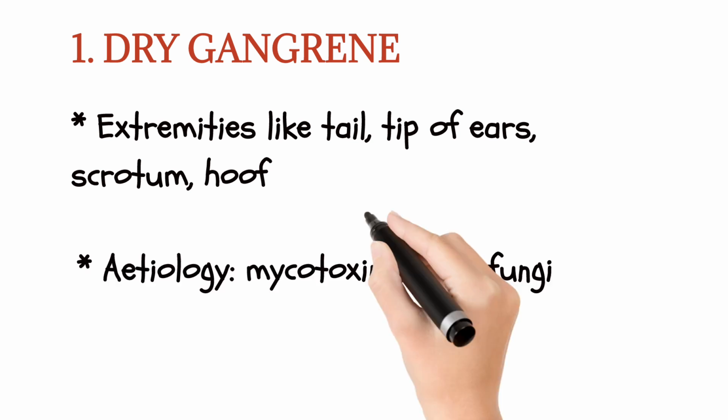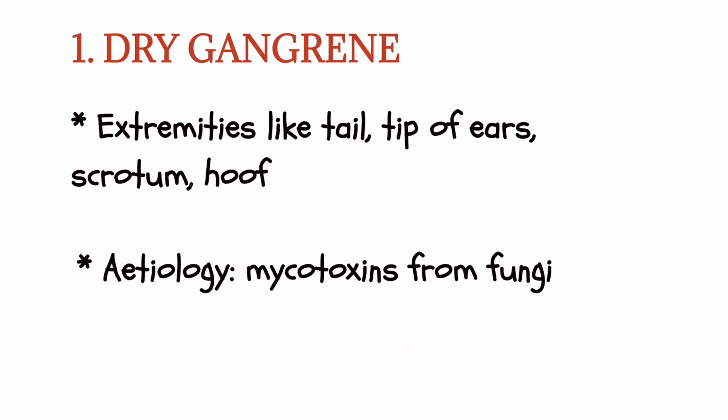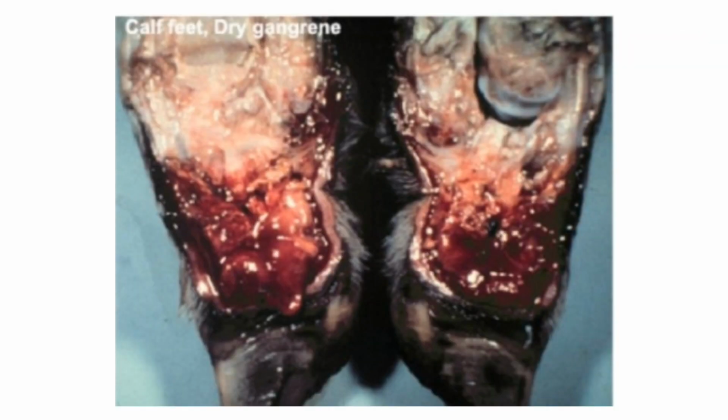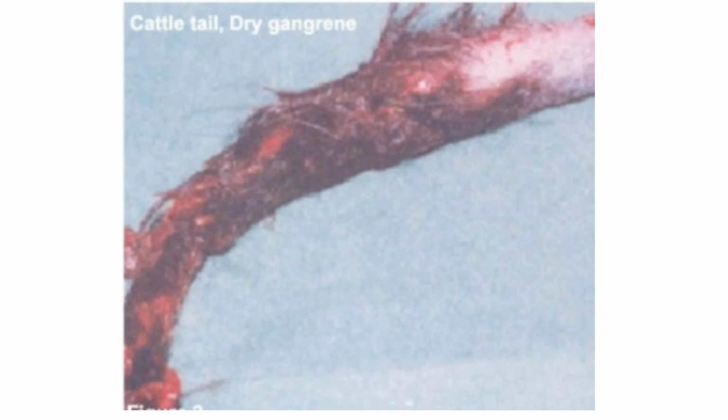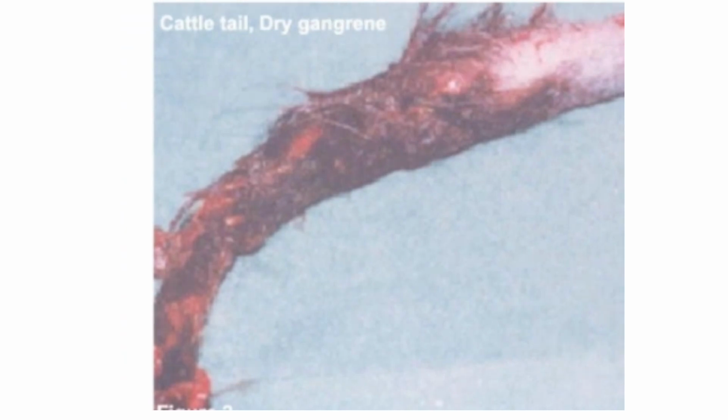And dry gangrene is mainly caused by mycotoxins from fungi. Grossly, when you look at the lesions, they appear dry, fragmented crusts on the tail, scrotum, or ear. Microscopically, there is necrosis, and invasion of saprophytes on the skin of the tail, ear, or scrotum.